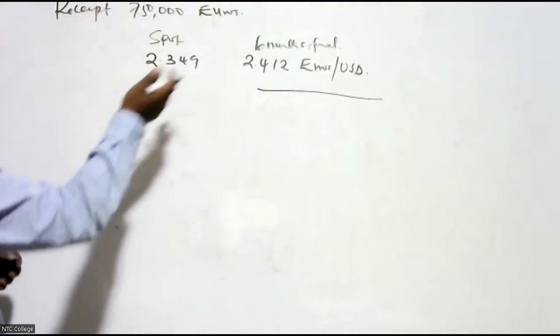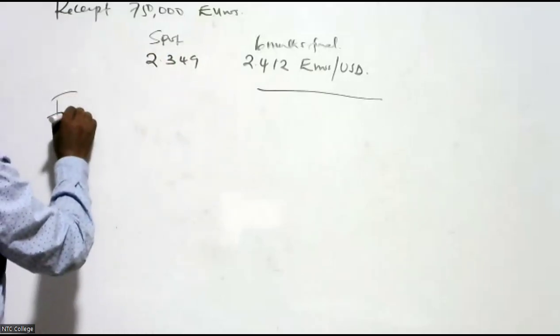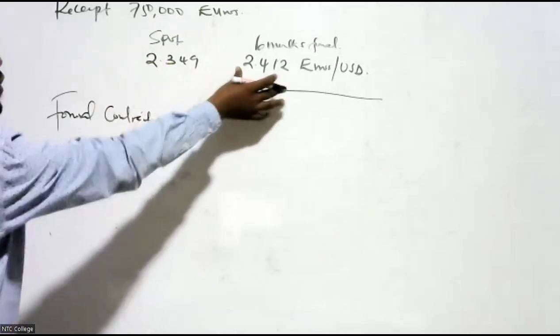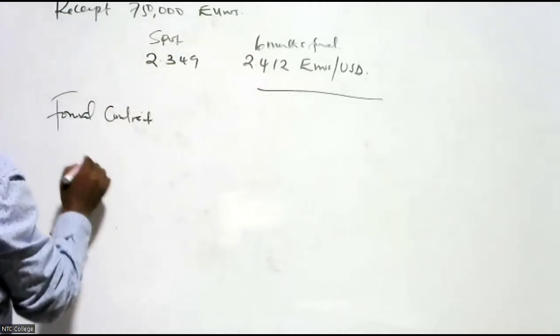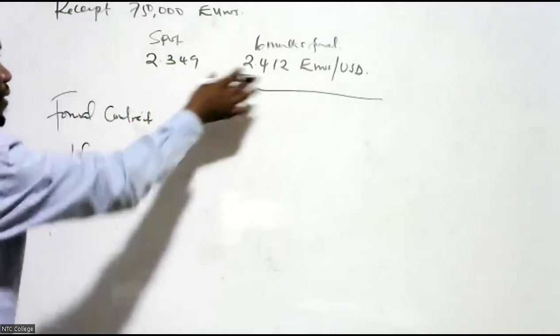So we are told how much this person will receive in a forward contract. We start with the forward contract. In forward contract, we just go to the future rate, the 6-month rates. We don't have to check whether it's buying or selling, it's only one.